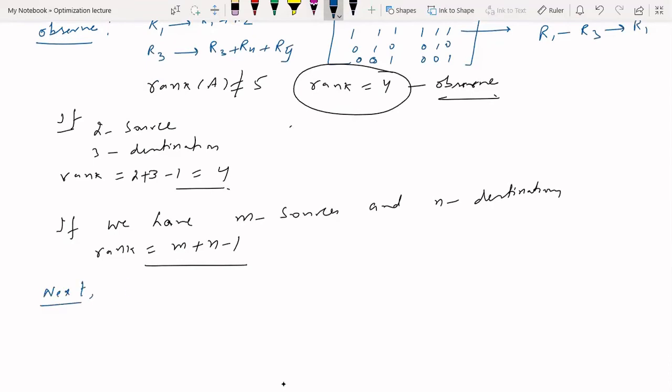So the next task is which of the m plus n minus 1 variables to be chosen for the basis.